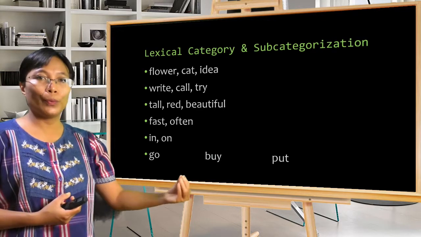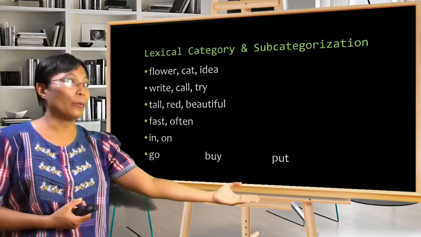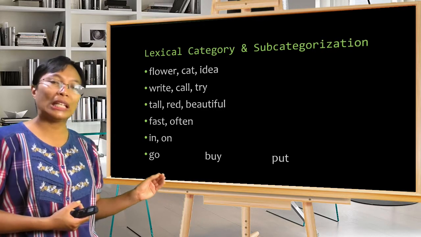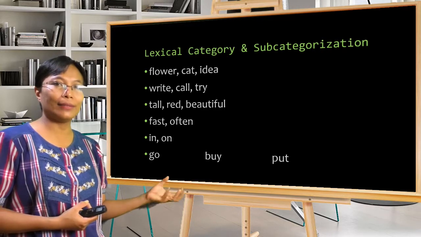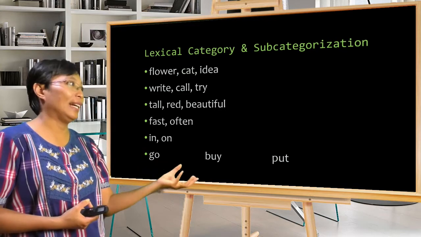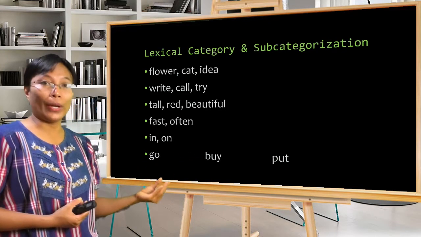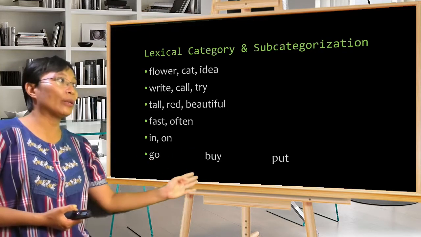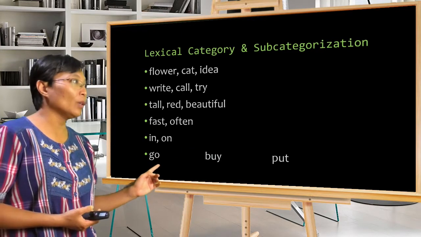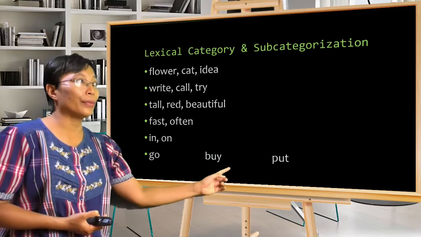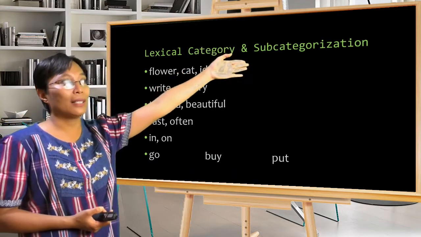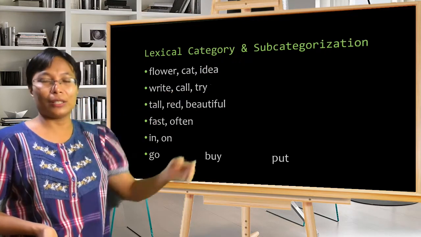I put something somewhere. So after the verb put, we need to have something and the place where the thing is put, right? Here, when we're talking about what we need to come after the verbs here, we are talking about subcategorization.